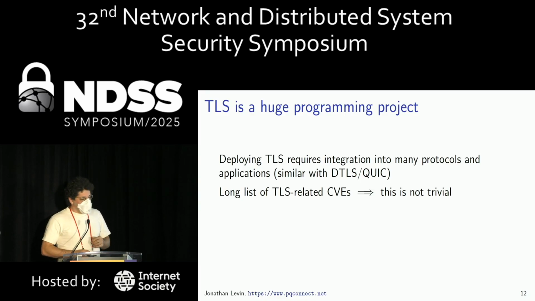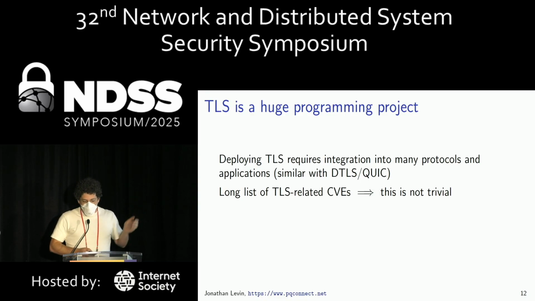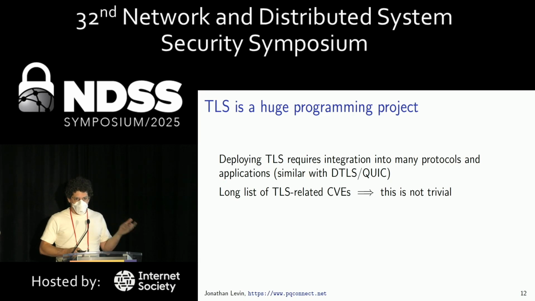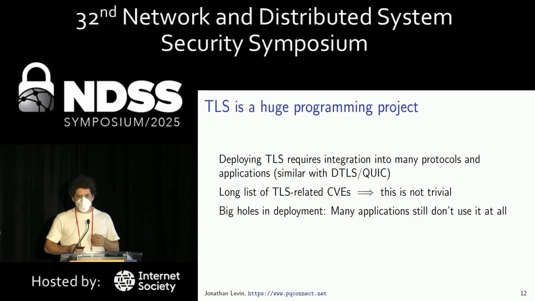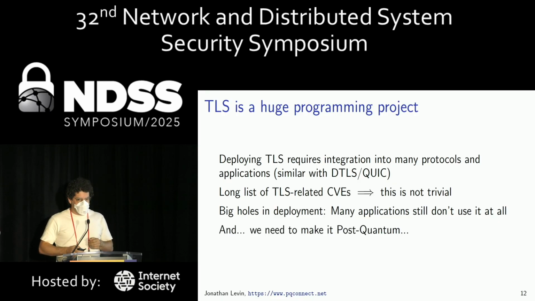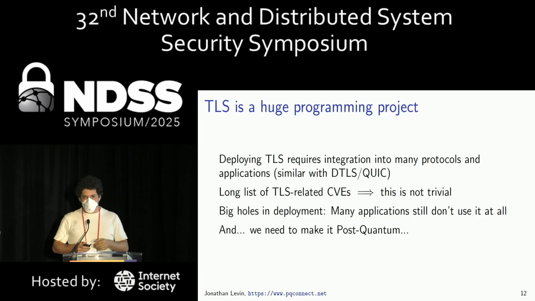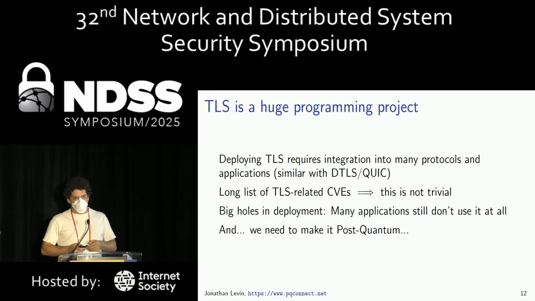As the intro slides suggested, the long list of TLS-related CVEs suggests that doing this correctly is not trivial. And then, of course, if you're thinking about the entire internet ecosystem, there are tons of applications that don't have any TLS protection at all. And the elephant in the room is that the vast majority of the TLS that we're using right now is pre-quantum, and we need to make it post-quantum ASAP.